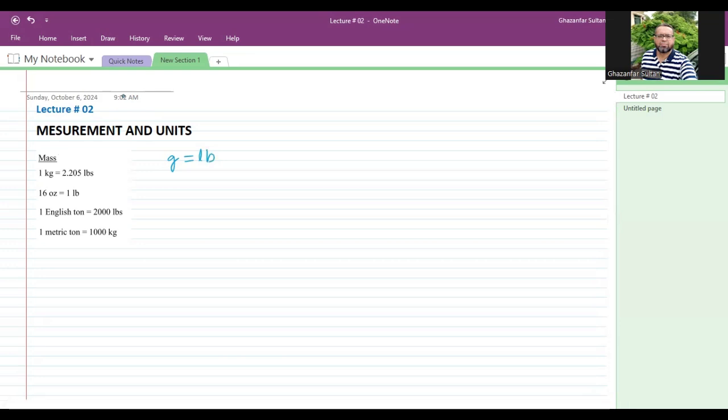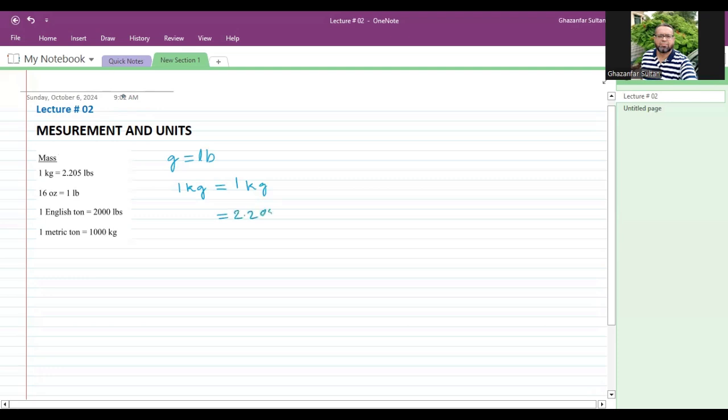First, we see what is the relationship between pound and the kilogram. 1 kilogram is equal to 2.205 pounds, and 1 kilogram is equal to 1,000 gram.